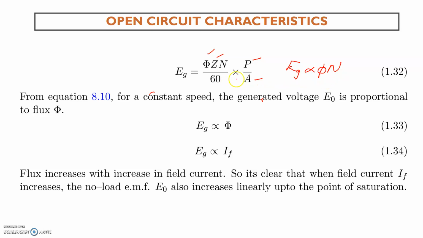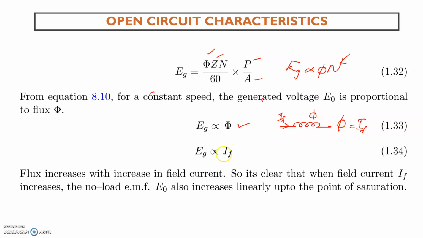So if we make the speed constant, then Eg becomes proportional to phi. Also, we know that in a particular type of winding, the flux is produced due to the flow of field current, that means the flux is proportional to IF.